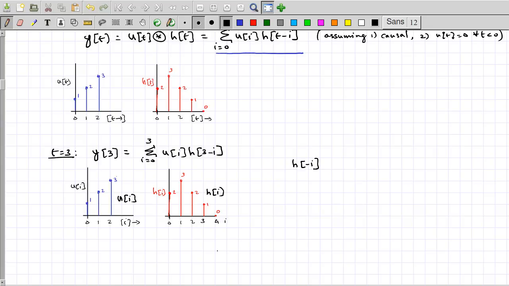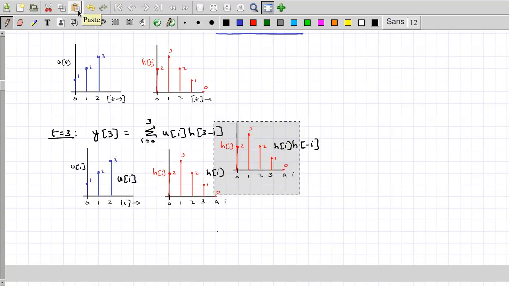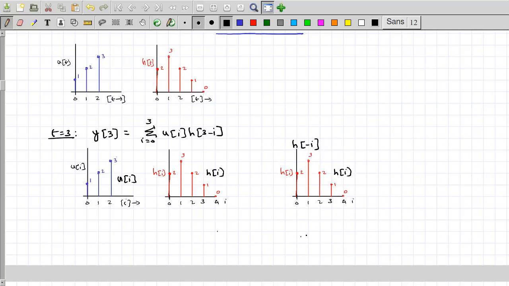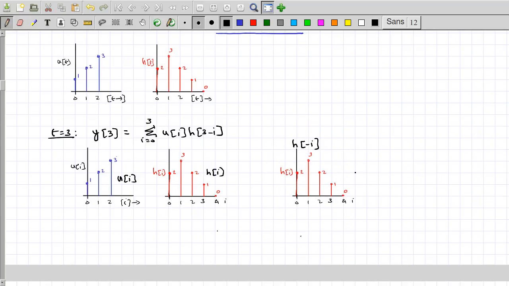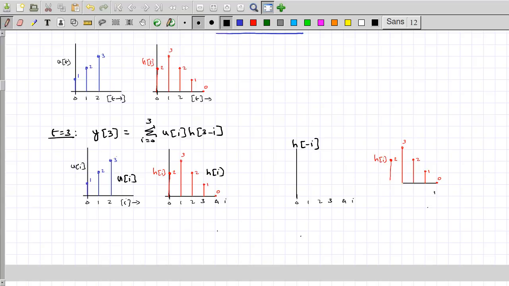What does h of minus i look like? Let me just copy this over and stretch it a little bit, get rid of this and move all of these out. Move that back. And in fact, I'll stretch it onto the other side.